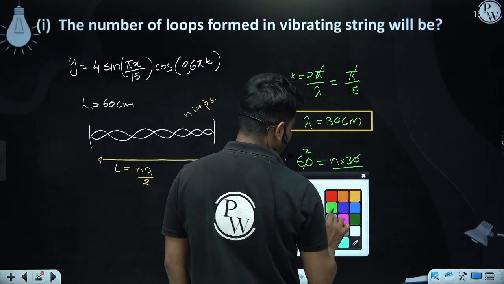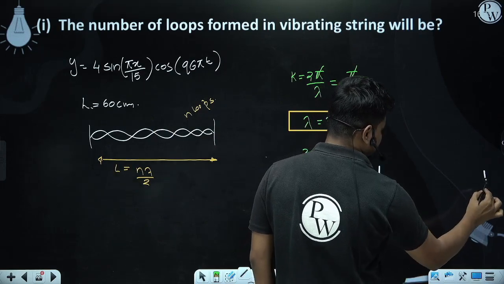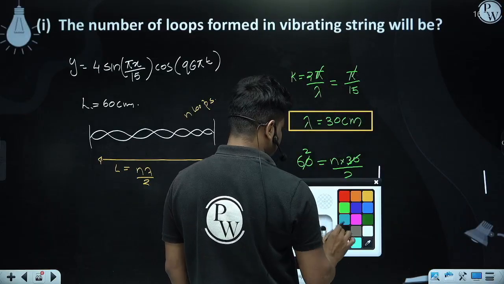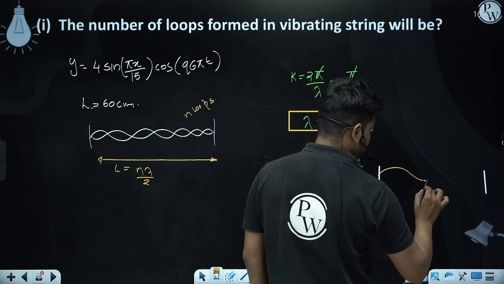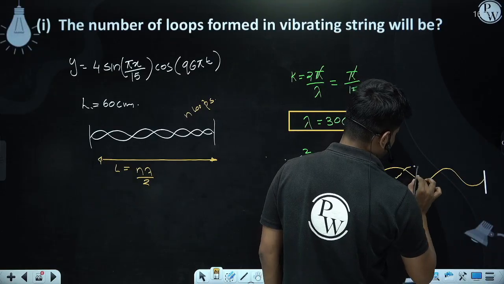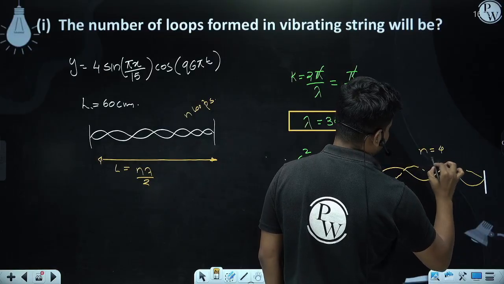Okay students, 4 loops are formed like that. How many loops? n is equal to 4.